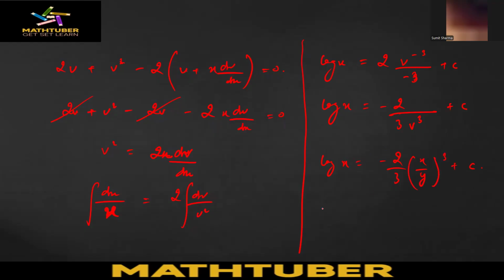And now you can just put the values y equal to 2 when x equal to 1 to find out the value of c from here. So log 1 equal to minus 2 upon 3, 1 upon 2 whole cube, plus c. Log 1 is 0 as we already know. So it will become 0 equal to minus 2 upon 3 into 1 upon 8 plus c.